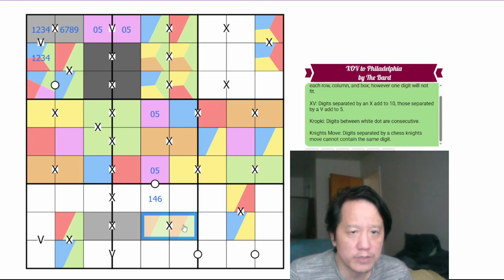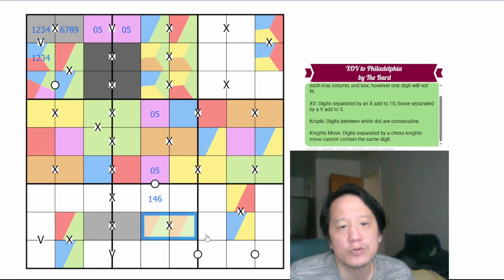Or if this is red and blue. Oh, red is here. Blue is here. This can't be red and blue. It has to be orange or it's green here. Interesting.